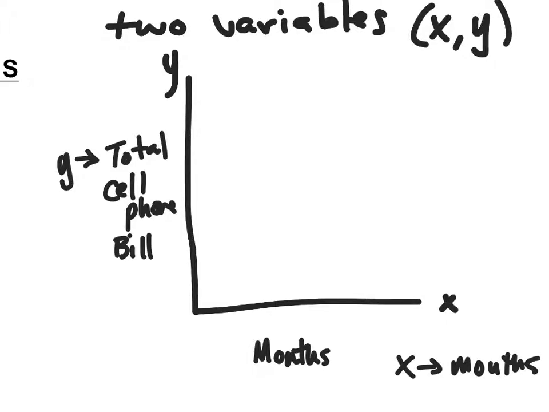Let's just say that you pay $70 per month in a cell phone bill, okay? And so we can model this. If we assign the value of x to be months and y to be the cost of the cell phone bill, I can say, all right, well, at 0 months, I have paid $0.